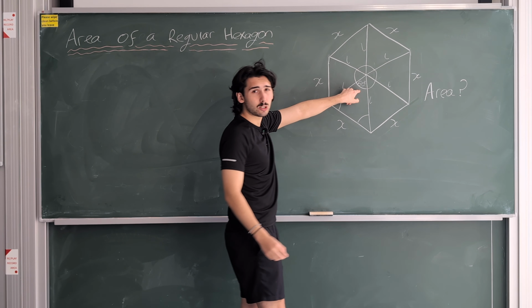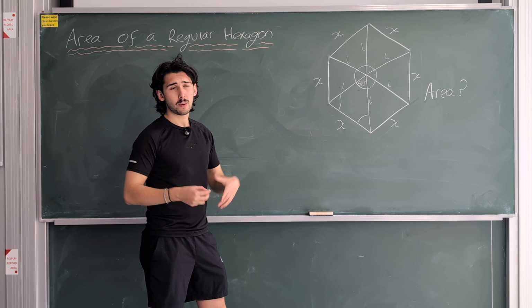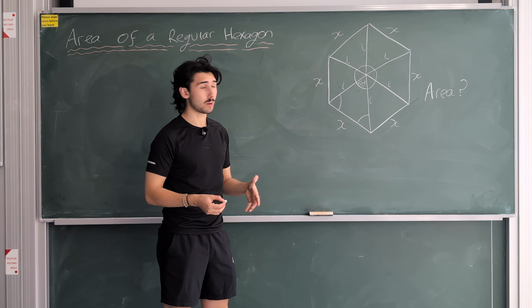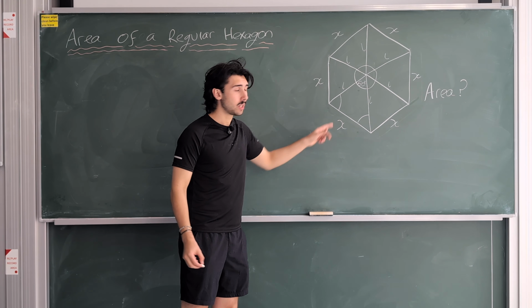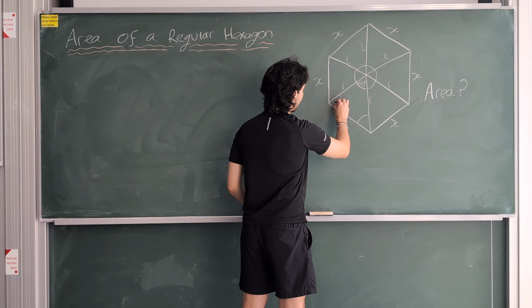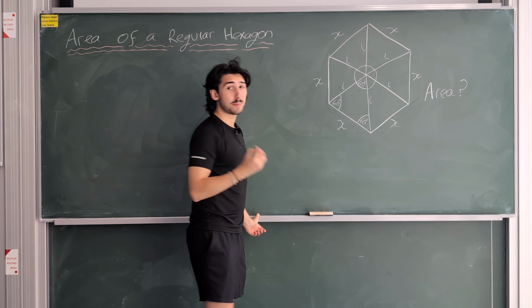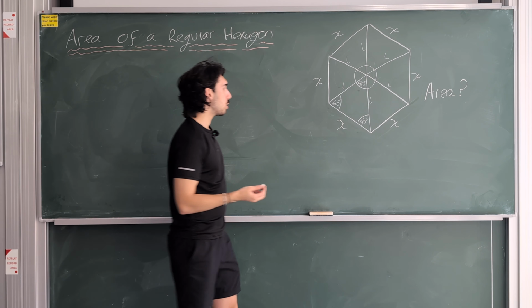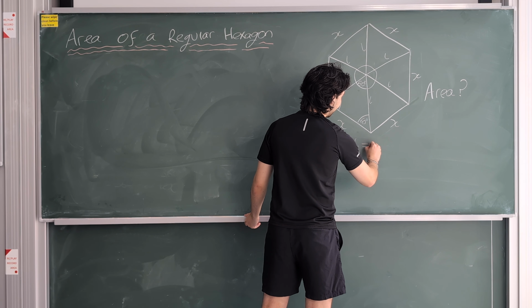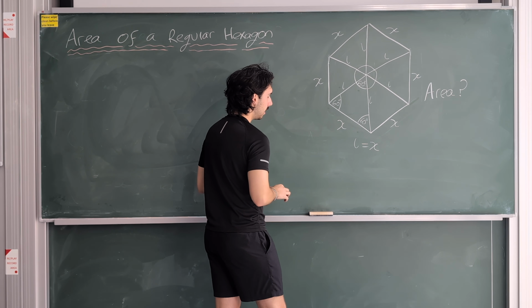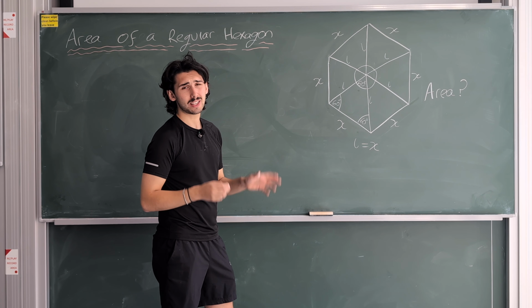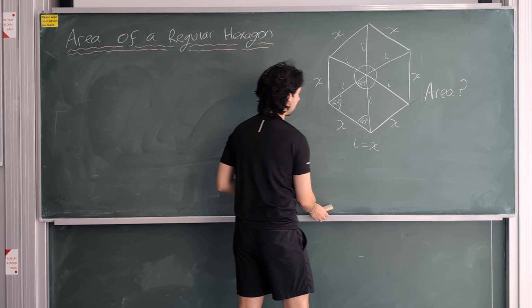Because this is a 60-degree angle, and the 3 angles must add to make 180 degrees, and these are the same angle, then this must be a 60-degree angle as well, and this must be a 60-degree angle as well. And because of that, we can see that the length L is equal to x. So that's how we know they definitely are equilateral triangles, and that's how we know what L is.